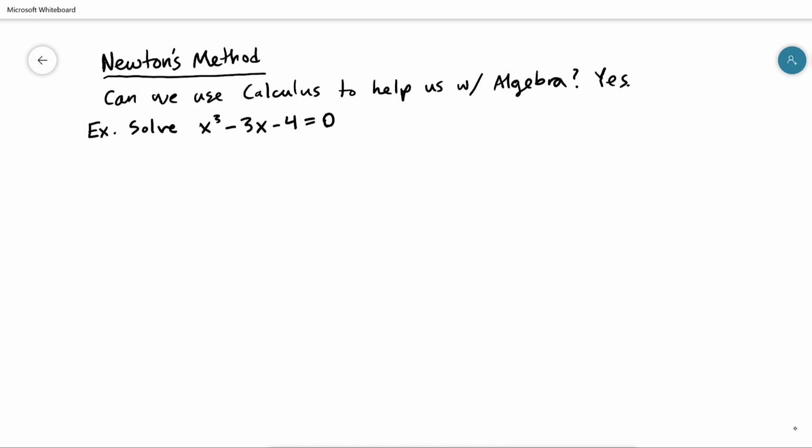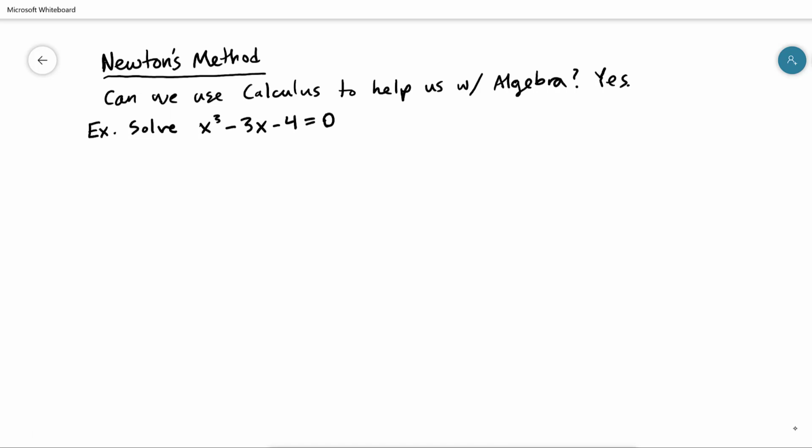It's possible to solve these cubics. There's a formula developed by an Italian Renaissance mathematician named Cardano back 500 plus years ago. But most people don't know it, and it's actually really, really bad anyways. And if this happened to be a higher order polynomial, like a 5th degree polynomial, there is no closed form solution at all.